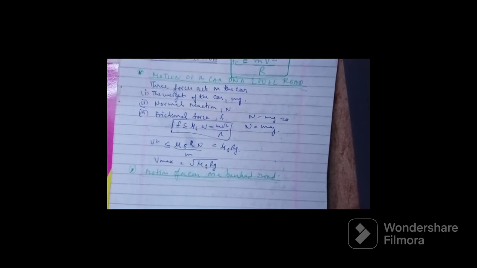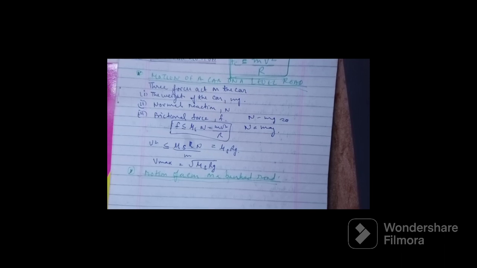For that, we can reduce the contribution of friction to the circular motion of the car. Since there is no acceleration in the vertical direction, the net force along that direction must be 0.